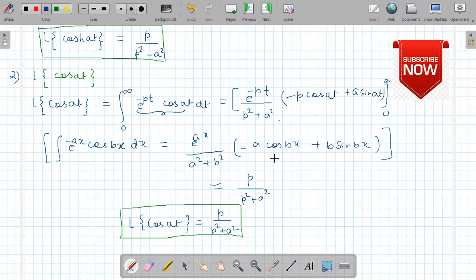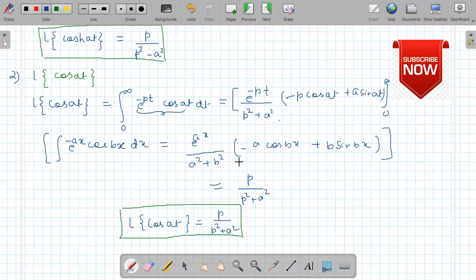So we replace a by p and we replace b by a in this expression, so that we get this integration is equal to this. You can check, e raised to the power ax will be e raised to the power minus pt, because the integration here is with respect to t and there it is with respect to x, and here a will be replaced by p and b will be replaced by a.